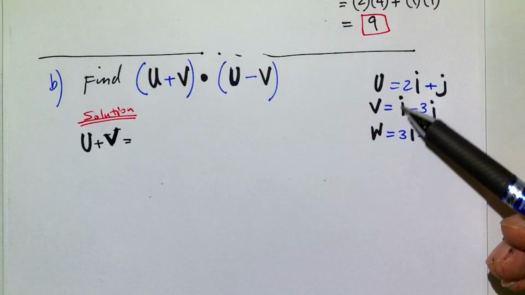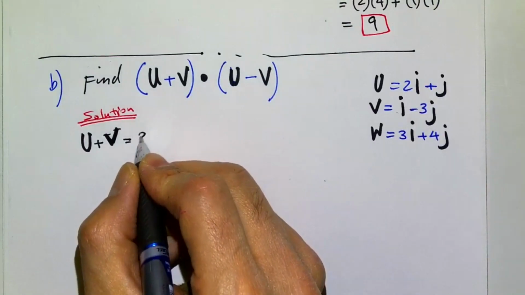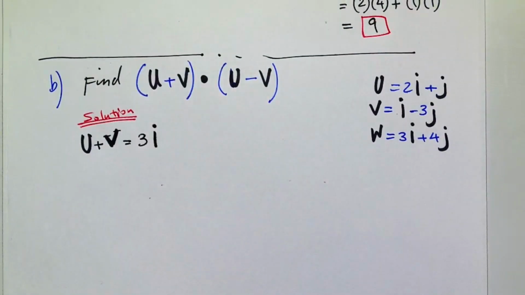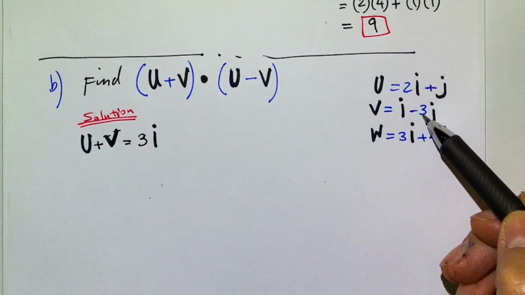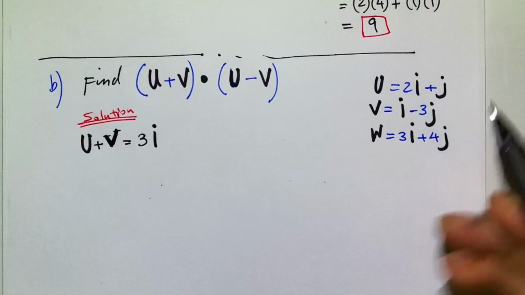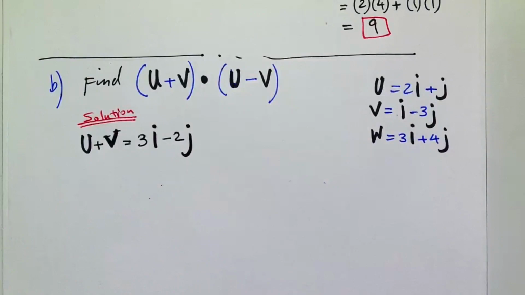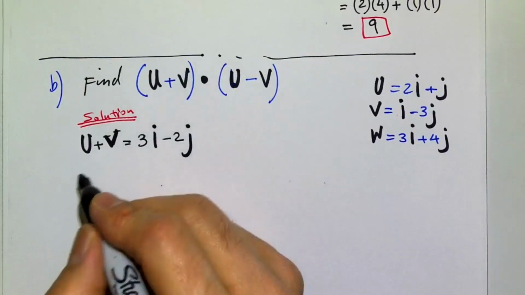So 2 plus 1, 3i, right? So 3i. And then 1j minus 3j, that would be minus 2j. So minus 2j. And then let's find this one, u minus v.